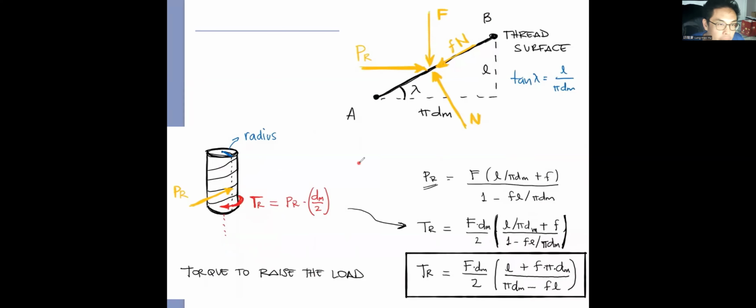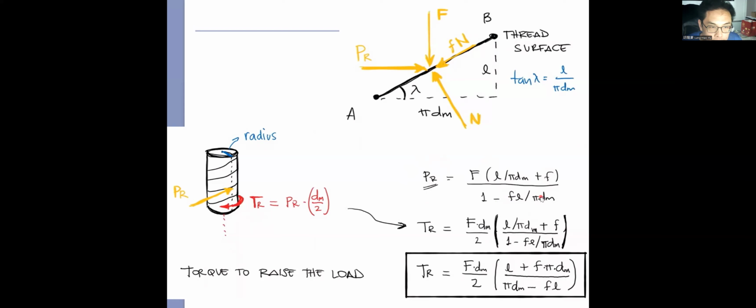Therefore, if we regard this as a power screw, we need a force PR to lift or raise the load, and there's a torque applied equal to PR times the radius, where the radius equals the mean diameter divided by 2. The force required to raise the load we already figured out from the force equilibrium.